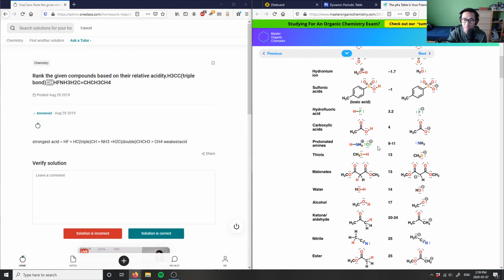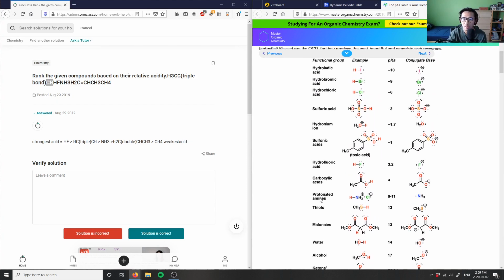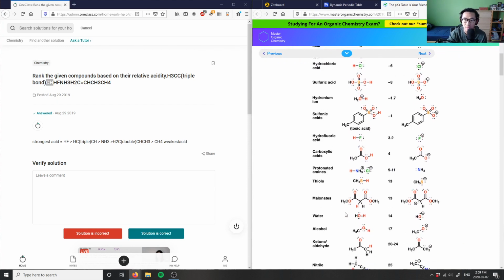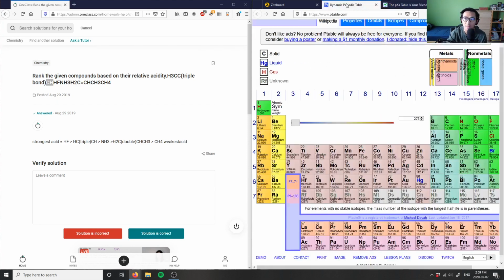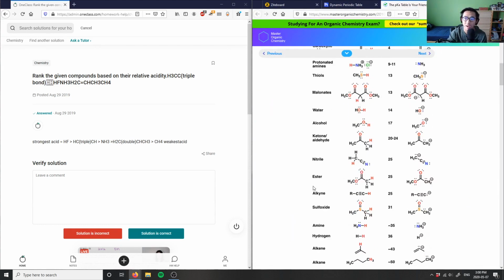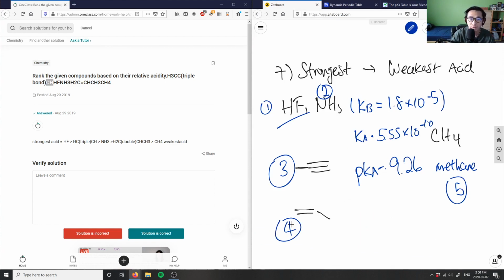So NH3 here would be about 9.26. 3 would be our alkyne, right? Alkynes exist kind of here at pKa 25, and then it'll be our alkene, and then our alkane here. So this is 1, 2, 3, 4, and 5.